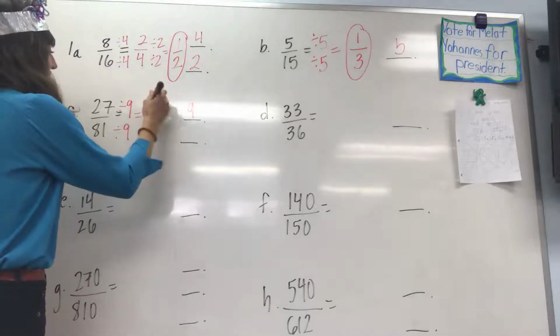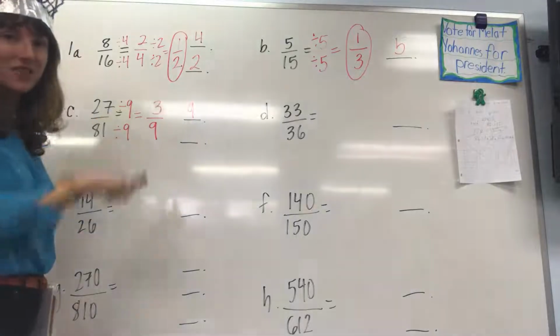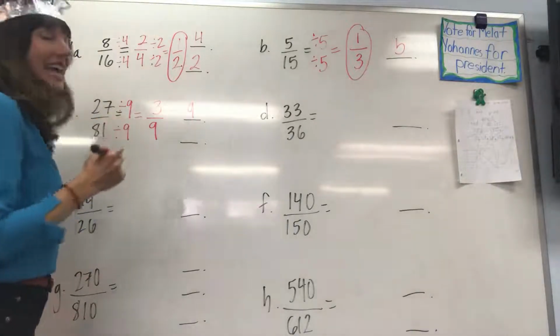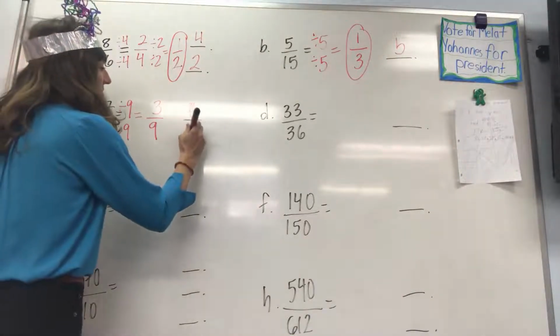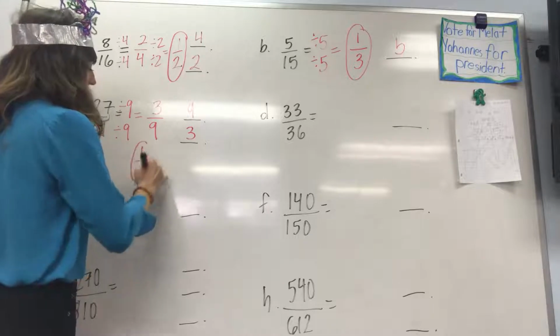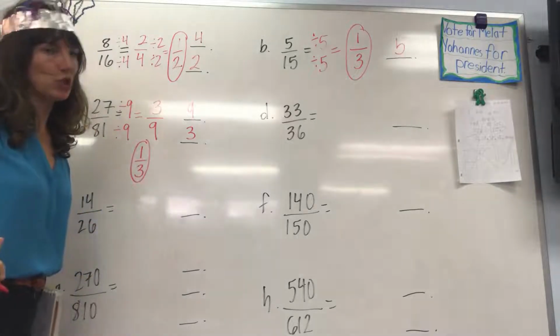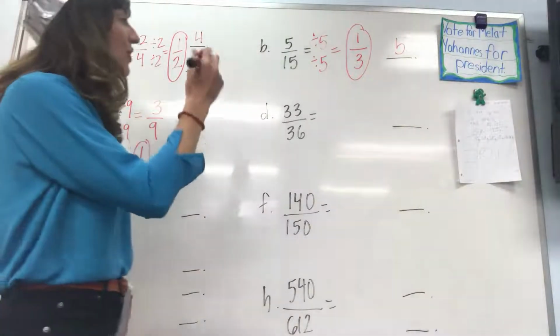We get the fraction 3/9. Now we can divide this again. 3 and 9 are both divisible by 3. So put that in the second blank, and then you can just write 1/3 because we know that to be true.